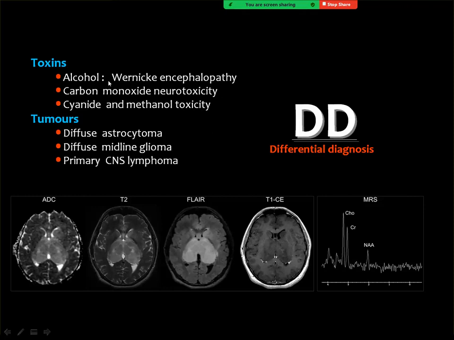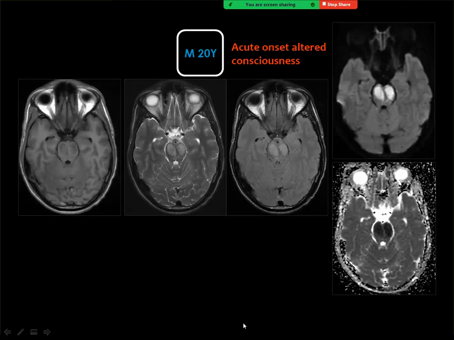Toxins like alcohol in cases of Wernicke encephalopathy, carbon monoxide neurotoxicity, cyanide, and methanol toxicity. And tumors like the case I have presented, diffuse astrocytoma, diffuse midline glioma, and primary CNS lymphoma.